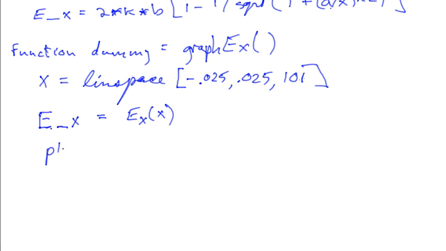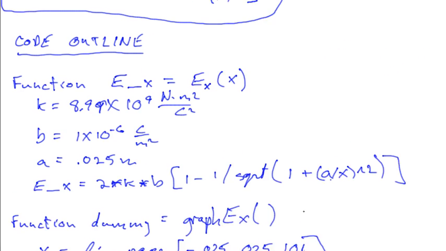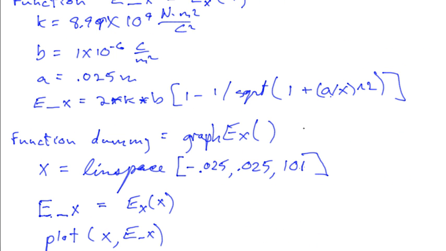And then plot x, comma, e underscore x. So when I do this, I get 101 values of e sub x at the 101 different values of x, and then that graphs it. I think that does it for the pencil on paper part, so I'm going to call it a wrap.